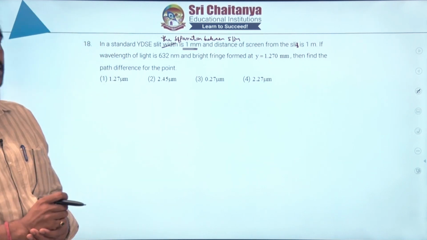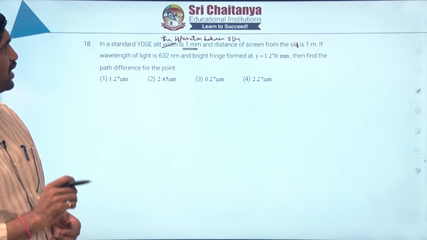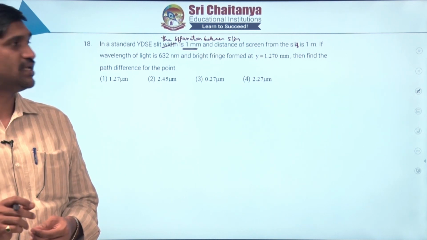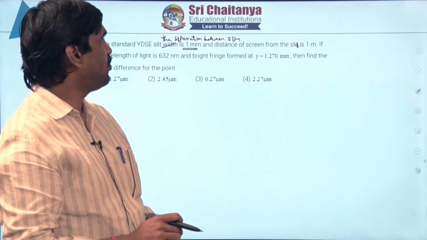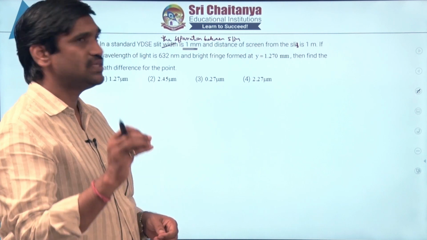If wavelength 632 nanometer is used, the bright fringe is formed at a position y equal to 1.270 millimeter. Then find the path difference for that point.